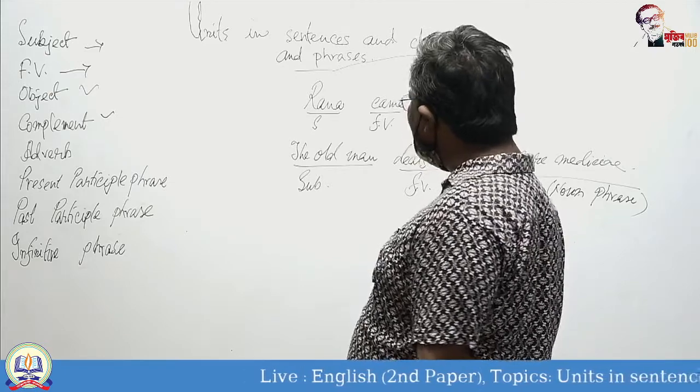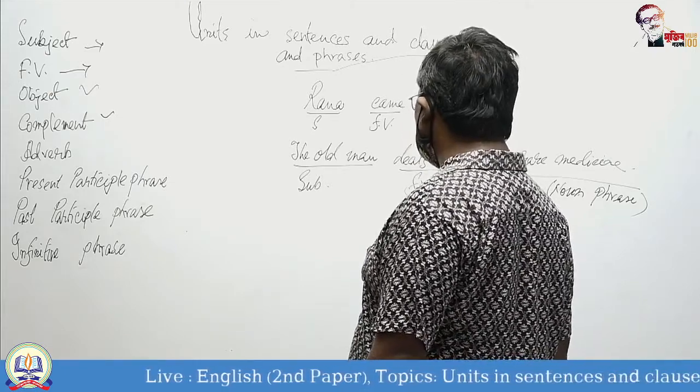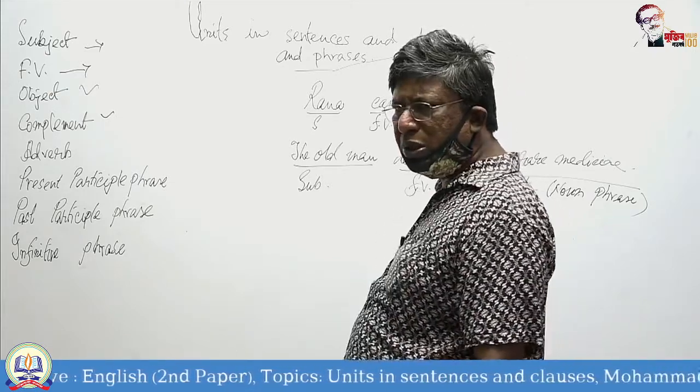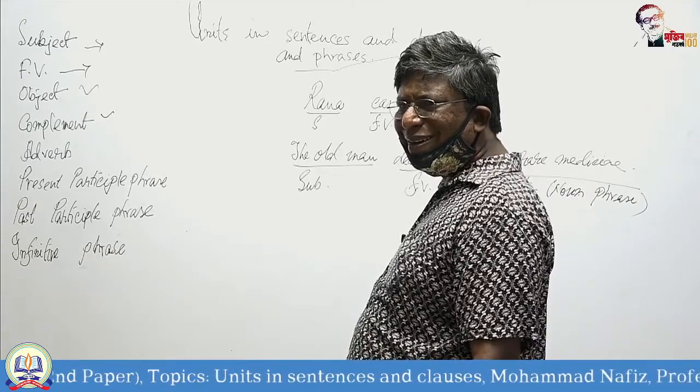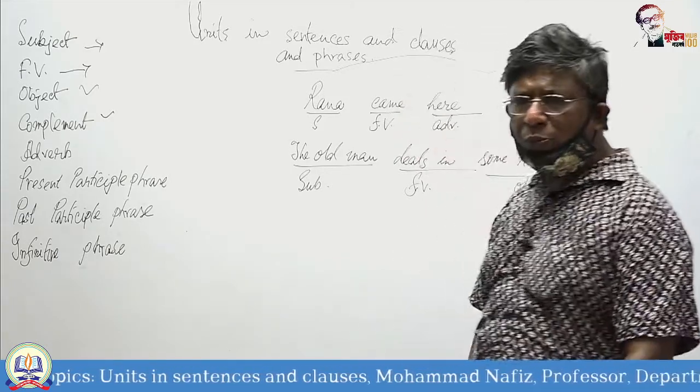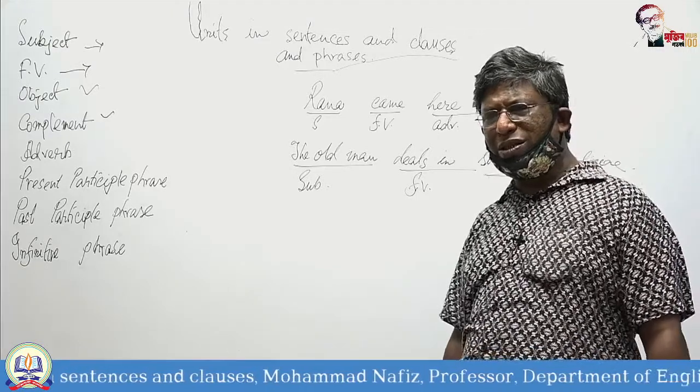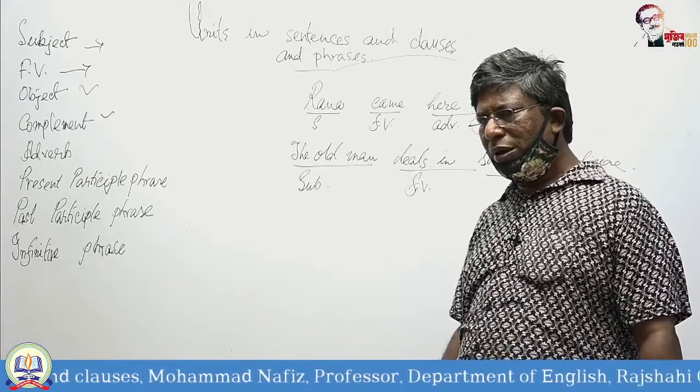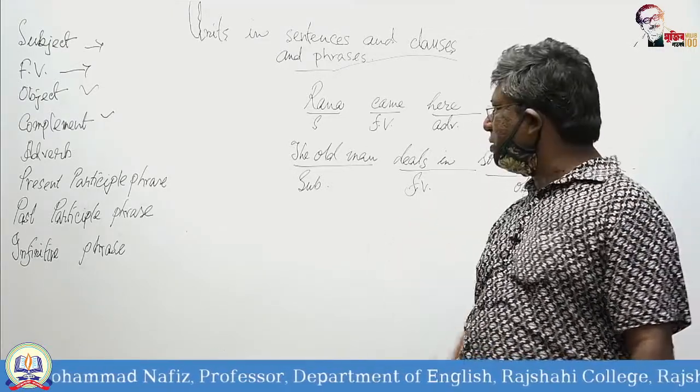When we have a unit in a single word, we will call it parts of speech. When we get a unit composed of a number of words, we will call it a phrase.